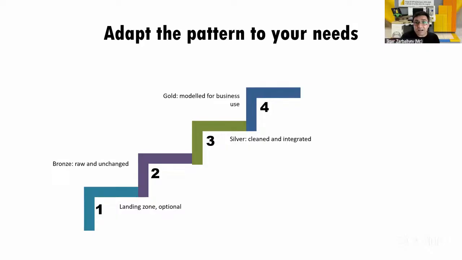The names are flexible too. I have seen raw, cleansed, and curated. I have seen teams add a platinum layer, which usually means somebody has run out of metals. What actually matters is not the number of layers or their names. It's that each layer has a clear purpose and a clear audience. If you cannot say in one sentence who a layer is for, you do not need that layer.